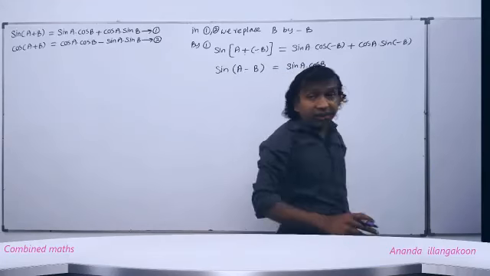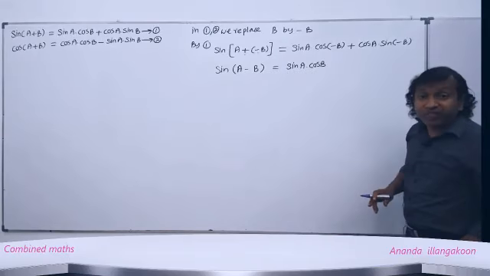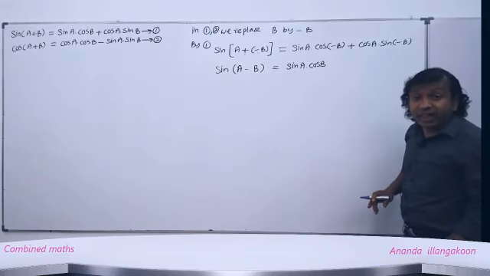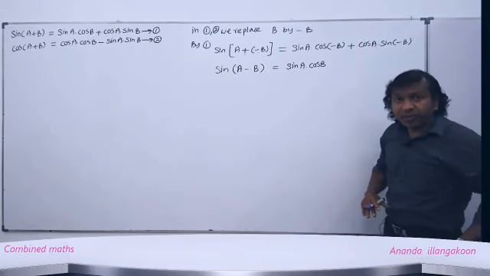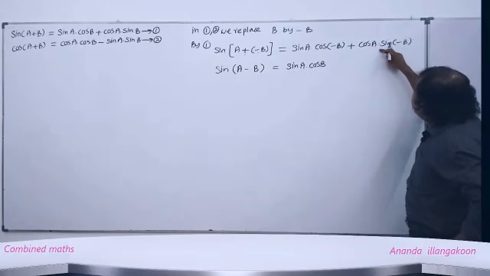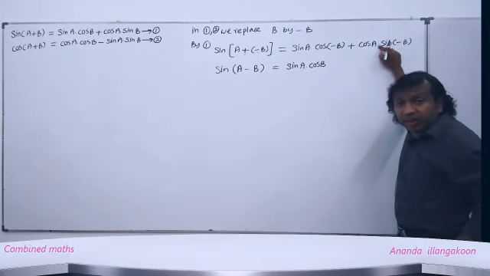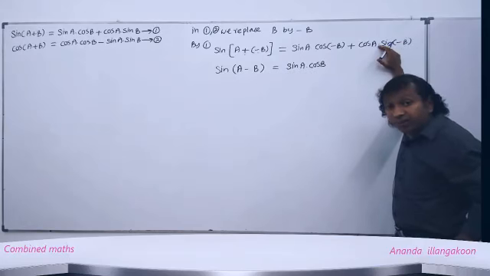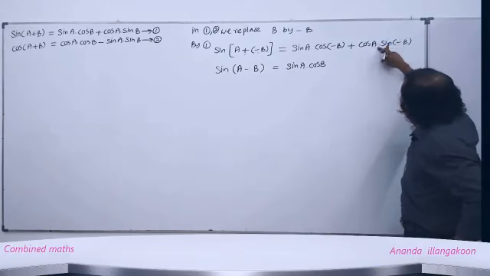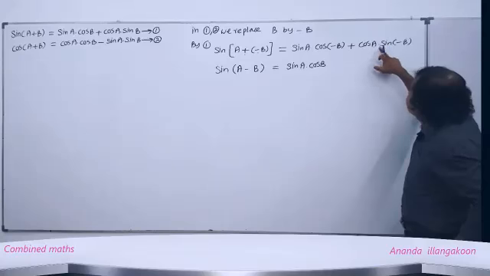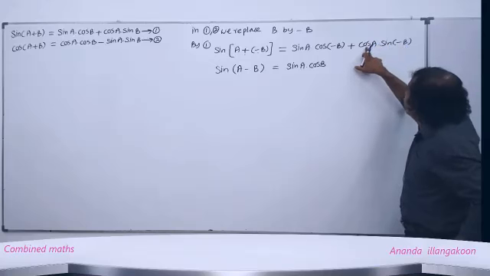People, I told you, if there is a minus sign with the angle and with the sine ratio or tan ratio, you can take this minus sign before it. Remember? So this minus sign I can take before, in between cos and sine. Though we take this minus sign before this sine, still this is a product of the cos and this part.